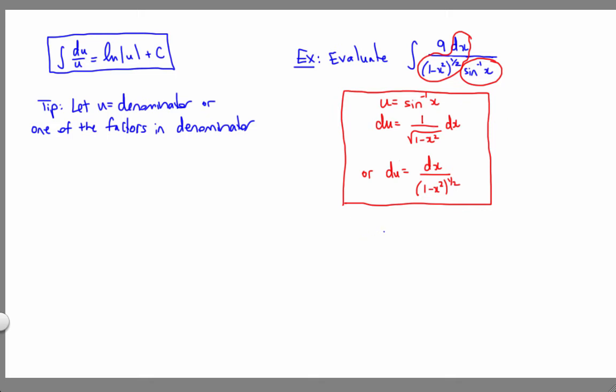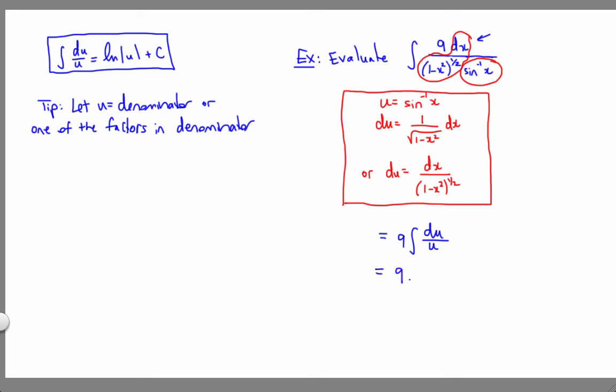So let's continue our calculation. If we rewrite our integral now, we've got a factor of 9, which we'll put out in front of the integral. The dx over the square root becomes our du, and the factor of arcsine in the denominator becomes u. So there we go, we've got perfectly the logarithmic form, and we're able to apply our formula.